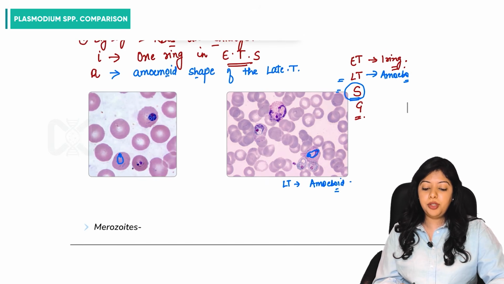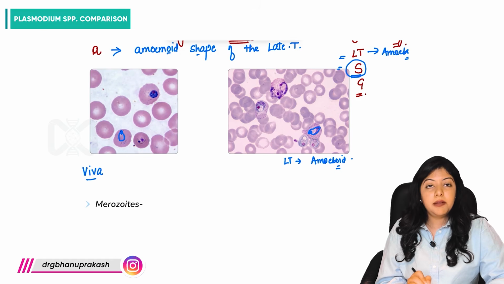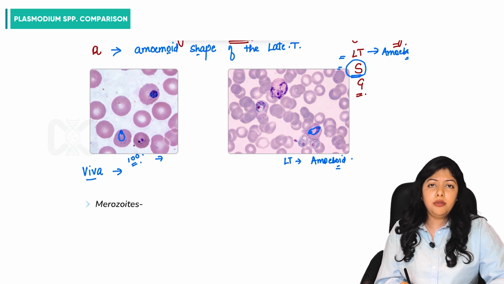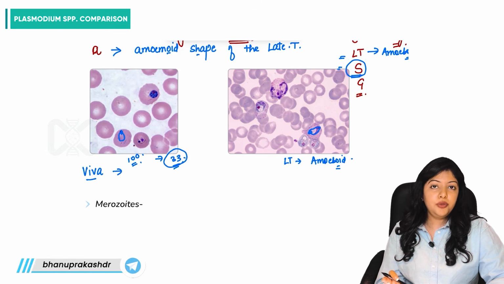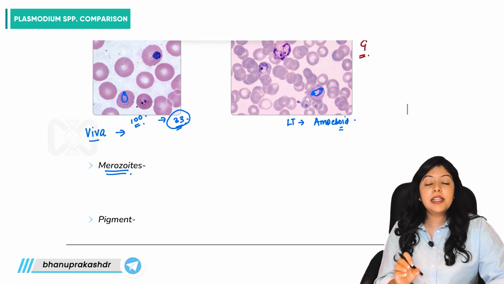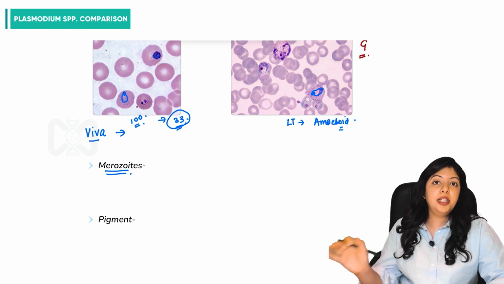Now, how do you remember it? Since it is a Viva day, it's a big day, RBCs are big. And a batch of 100 again, if we divide, we are dividing them in around 33. So we have larger number of students in one batch. So the number of merozoites present inside the schizont would be higher as compared to the other species.